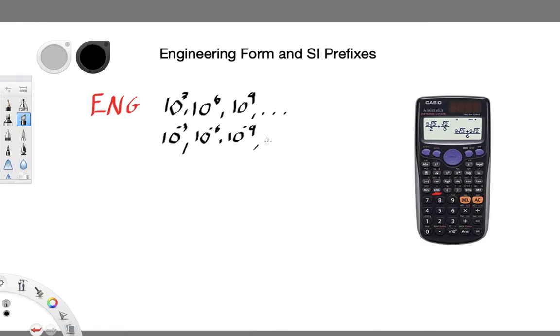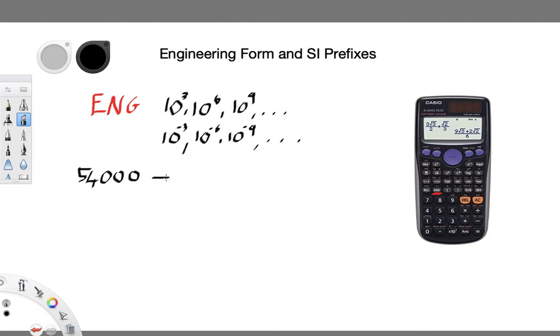If you haven't got a calculator to hand, can I suggest that you get one, because we're going to see an example of using the ENG button. So if we type into our calculator 54,000 and press equals, that will bring up 54,000 as the answer.